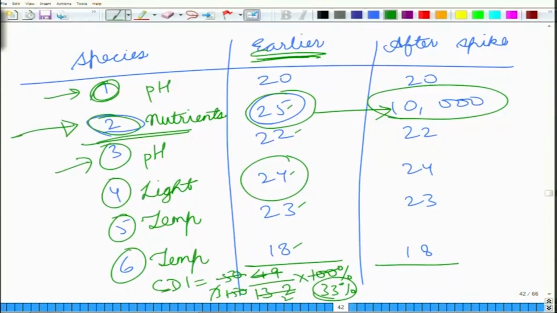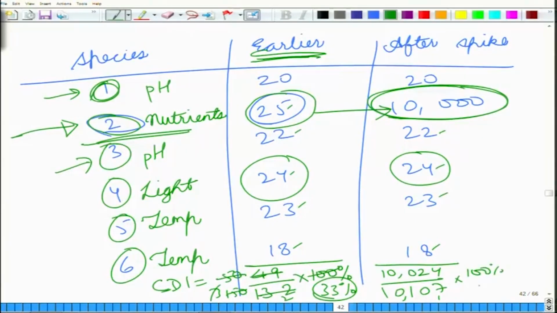But after the spike, you have this value, 10,000, and the second most abundant is 24. So you have this divided by a bottom value that will also be very close to 10,000, but let us do the computation: 8, 9, 10, 14, 3, 17, and then 2, 4, 6, 8, 9, 10, into 100%, and this is very close to 100%.